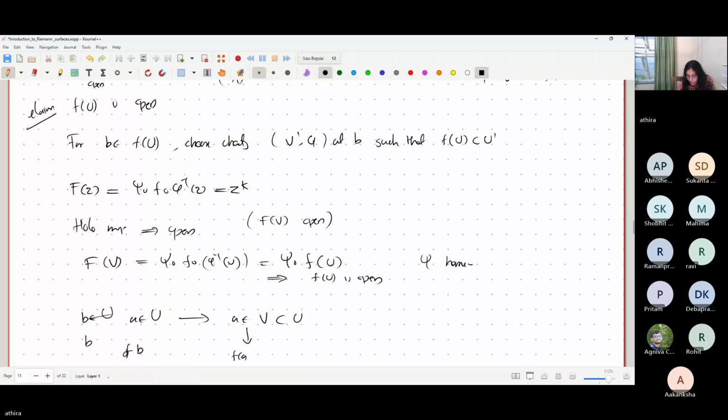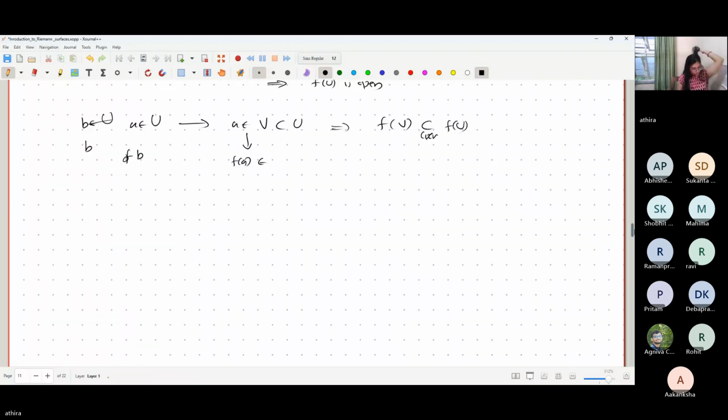Take the corresponding chart here, and we have to show the same. And we will end by showing that f of V is an open subset of f of U. Is it okay?